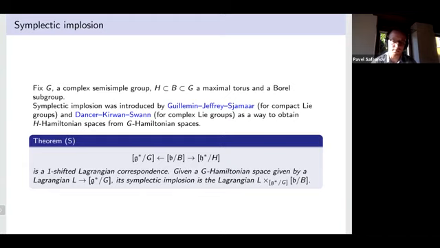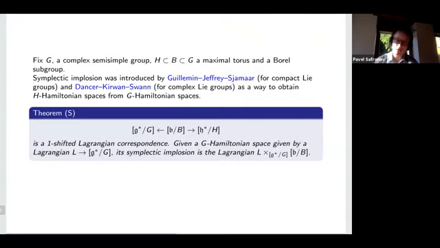If you do it with ordinary symplectic varieties, usually you get some stratified symplectic space. But if you want to work with derived symplectic spaces, then it has a very easy interpretation. So let's look at this correspondence.